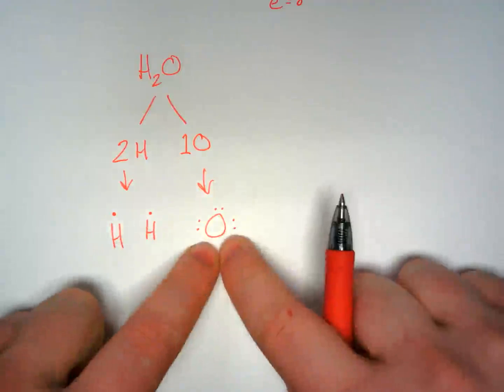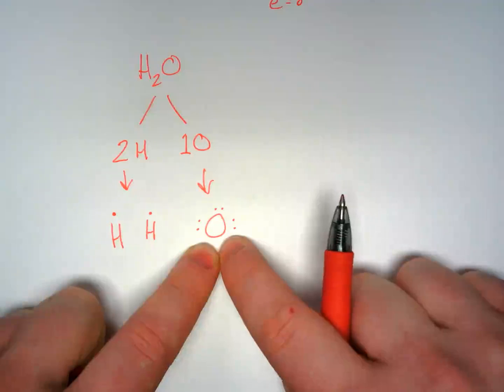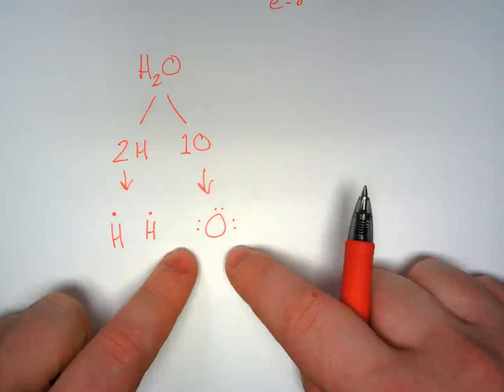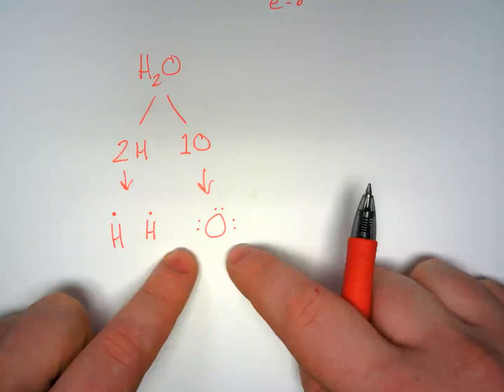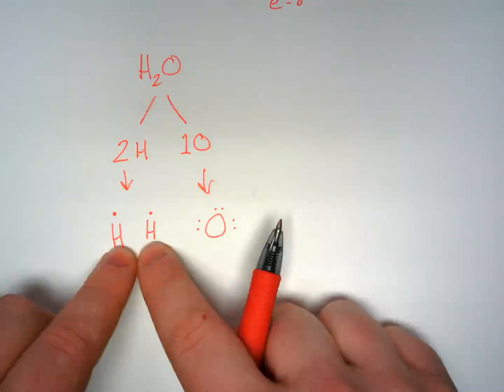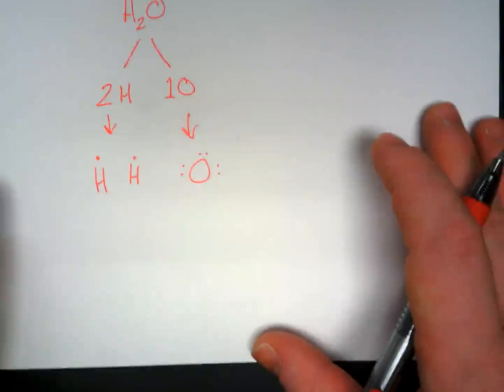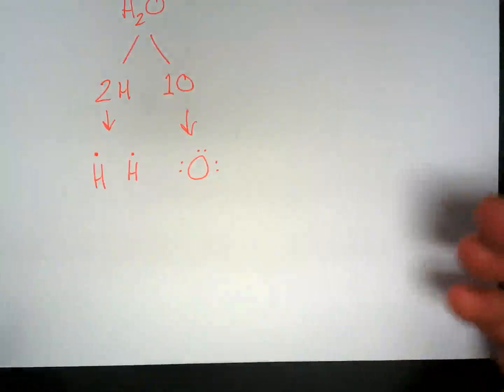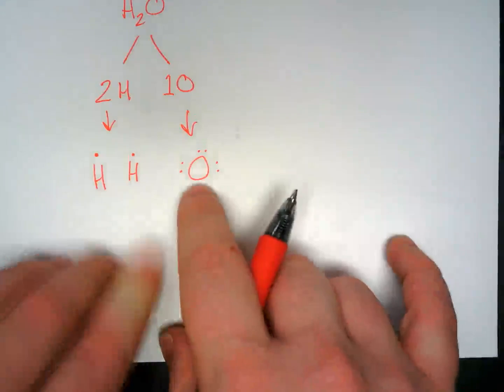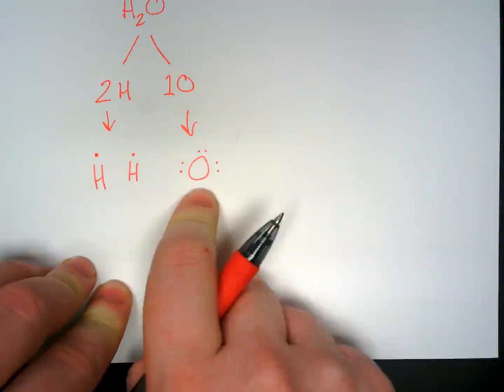We can see there's potentially some room here where oxygen can bond with these two hydrogens. This is getting a little ahead of what we're practicing, but this is what it looks like. There's an empty space here.